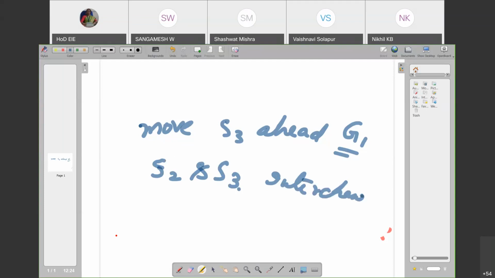Next step. When you interchange, you could see that there is something which is of the form G by 1 plus G into H. And when you interchange also, you can combine S2 and S3 as a single element.